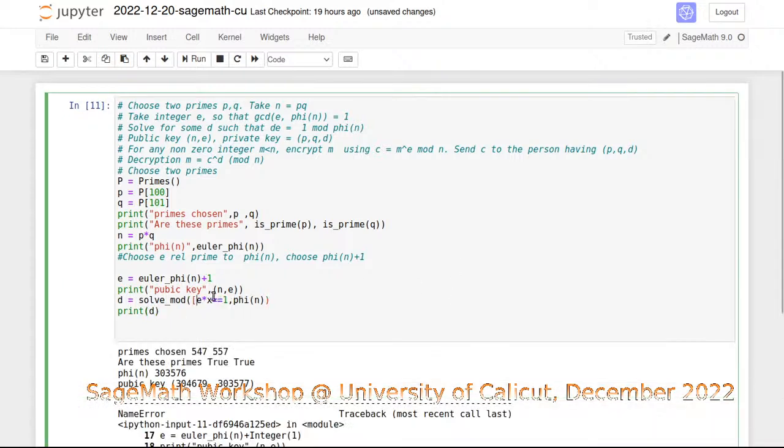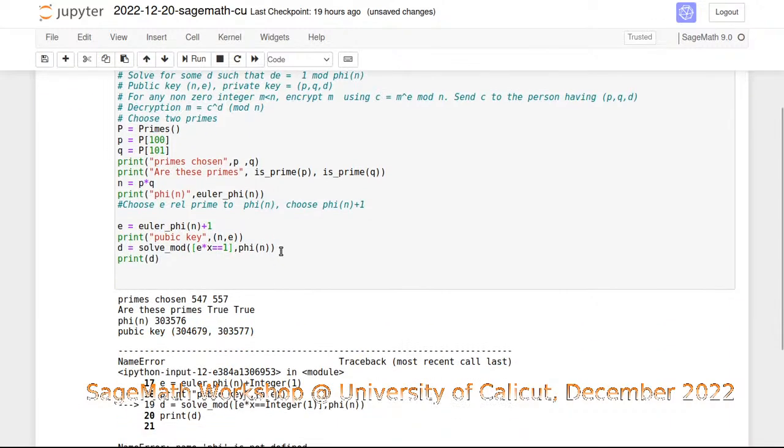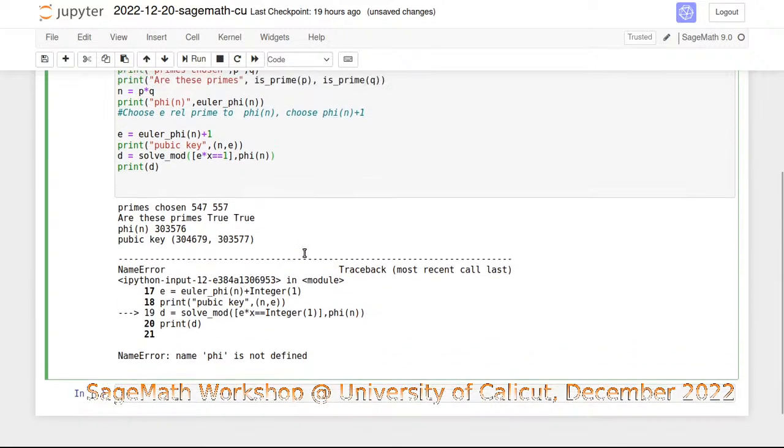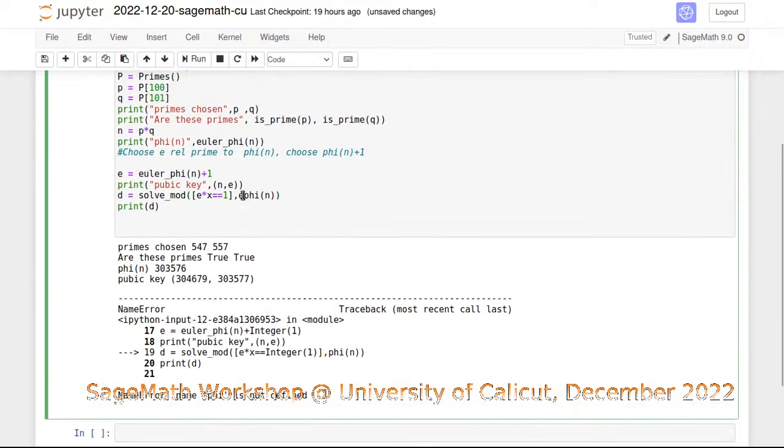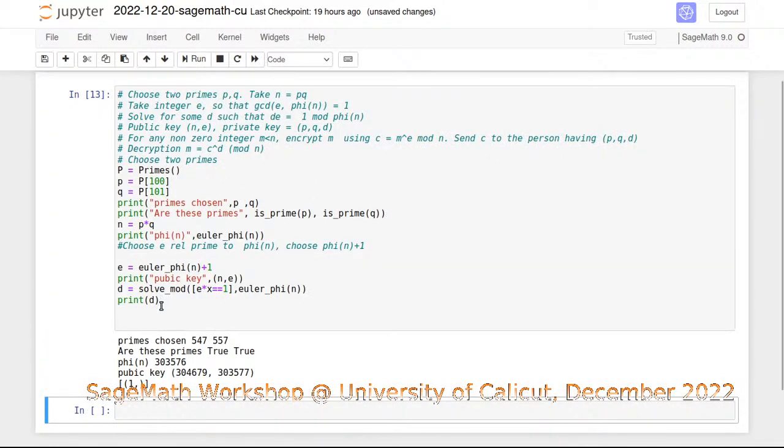I think we have to enclose this in square brackets.